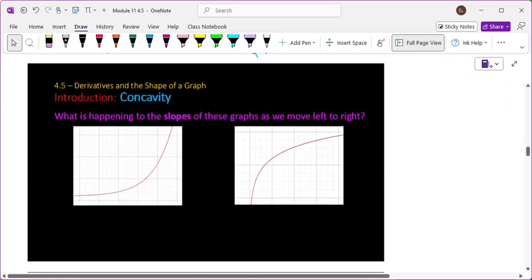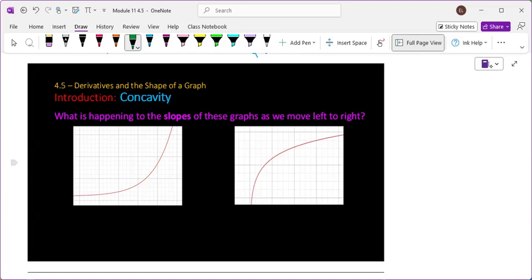All right, now we have this idea of concavity. So when I look at the slopes here, I've got all positive slope, all positive slope. But my slope is going from fractions, like this would be 0, this might be like 1/10.